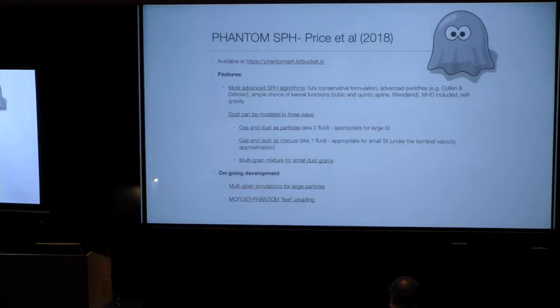So the formulation is fully conservative, and it conserves everything: mass, linear momentum, angular momentum, and energy in principle. It has some of the most advanced switches for limiting artificial viscosity. The Cullen and Dehnen is the most recent one, and you can choose very freely. It's a modular code, so you can easily choose the kernel function that you want to use, the kind of switches that you want to use, etc.